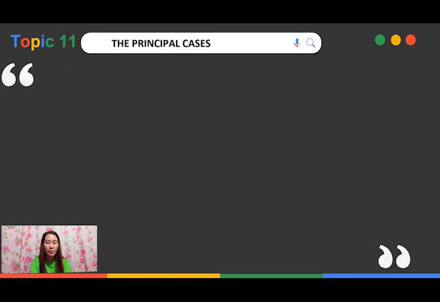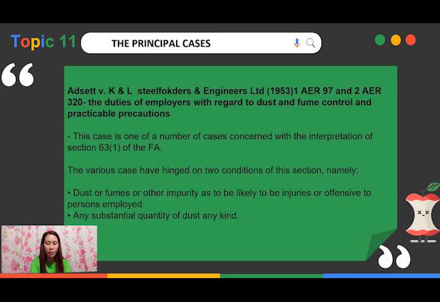So Nicholls v. F. Austin (Leyton) Ltd., 1953, 1 AER 97 and 2 AER 320. So the duties of employers with regard to dust and fumes control and practicable precautions. The various cases have hinged on two conditions of this section, namely the dust or fumes or other impurity as to be likely to be injurious or offensive to the persons employed.